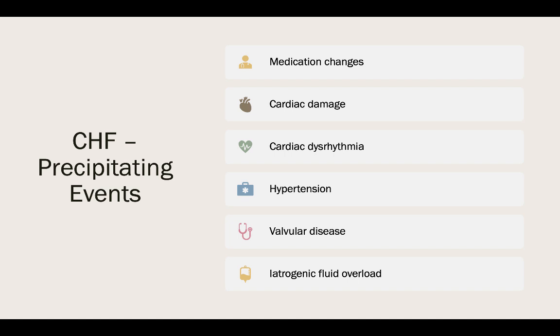Hypertension, valvular diseases can cause this, and our iatrogenic fluid overloads. Remember that iatrogenic means something that we caused, a medical treatment caused this issue. So if we fluid overload these patients, we can cause pulmonary edema and precipitate CHF.